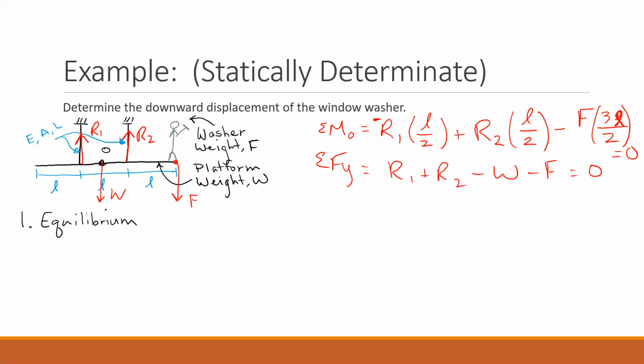So now we have two equations, two unknowns. And we can solve for R1, which is going to be equal to W over 2 minus F, and R2, which is W over 2 plus 2F. So that's what you get if you solve that system of equations.